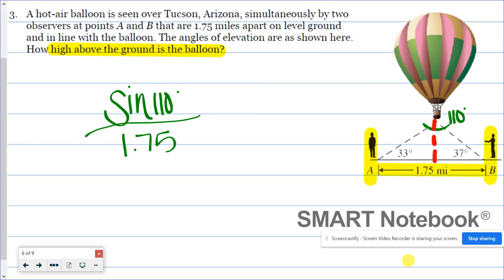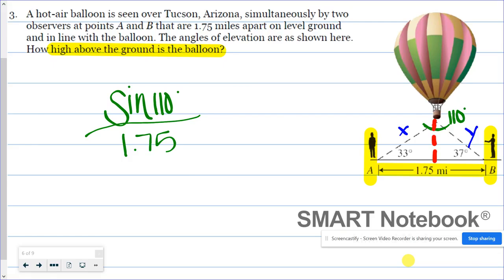So I can use the law of sines to find either observer A's distance to the balloon, or I can use it to find observer B's distance. It doesn't matter which one you choose to work with, ultimately we'll all have the same final answer.